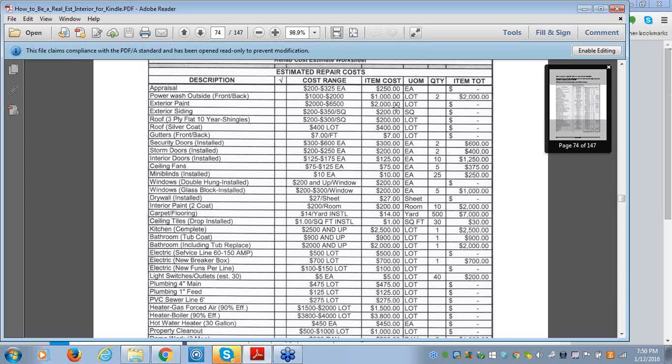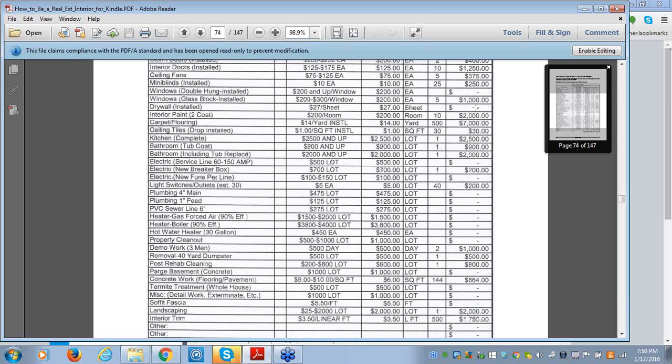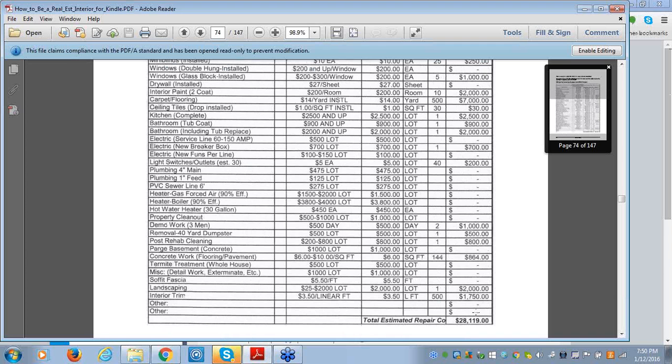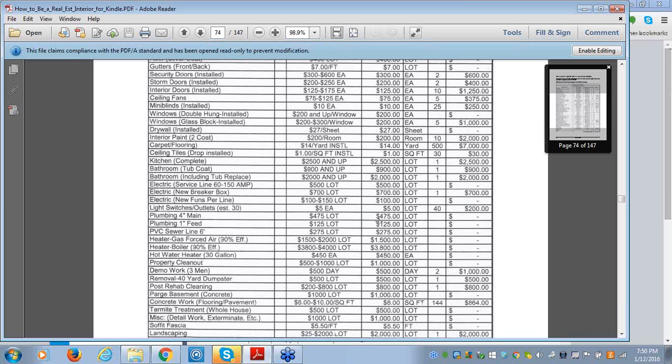I would put down what I believed I had to spend on each, and have the item total off on the right. Then at the very bottom, I could tally it all up. I actually came within $100 of this estimate. I estimated it to be $28,119. I remember this one because I think it was my third flip, and I got it within $100 of budget. How about that? That's just an indication of how quickly you can master this stuff.